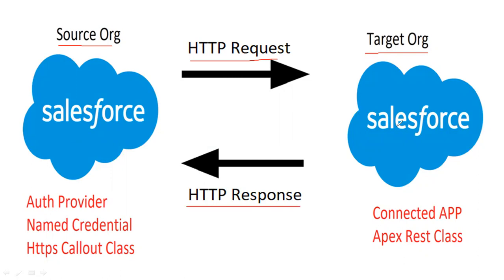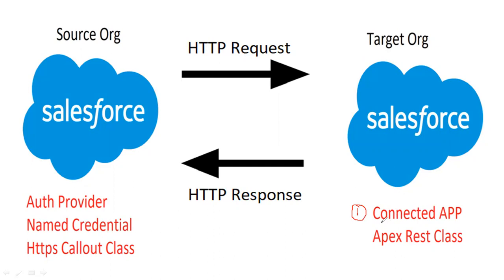And in order to establish communication between these two orgs, we require a few supporting files. So the first thing we'll do is in the target org, we have to create one connected app. And the connected app which we'll create in the target org, we use the consumer key and consumer secret details in order to configure the OAuth provider. So we'll understand it like this, that first of all we start with a connected app in the target org.